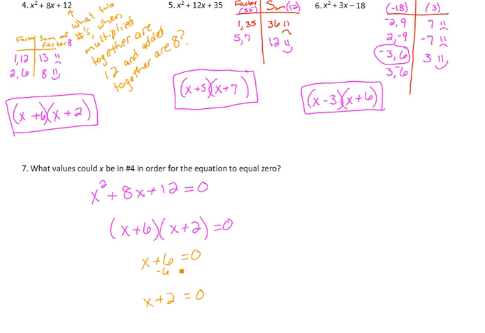So if I subtract a 6 over, I know that I could put a -6 in there, which would be 36 minus 48, which is -12, plus 12 is 0. So that works. I could also put a -2 in there.